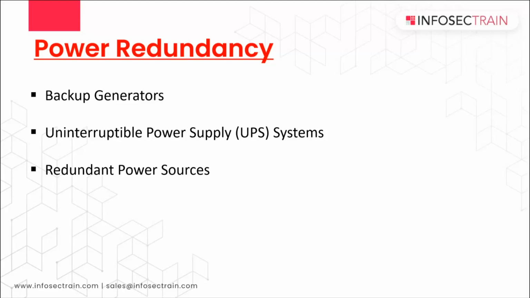Then what about next, which is dual-corded IT equipment? We also say DC. In IT environments, dual-corded equipment can be used to provide power redundancy. This means that each piece of equipment is connected to two separate power sources, allowing it to continue operating in the event of a power outage or failure.